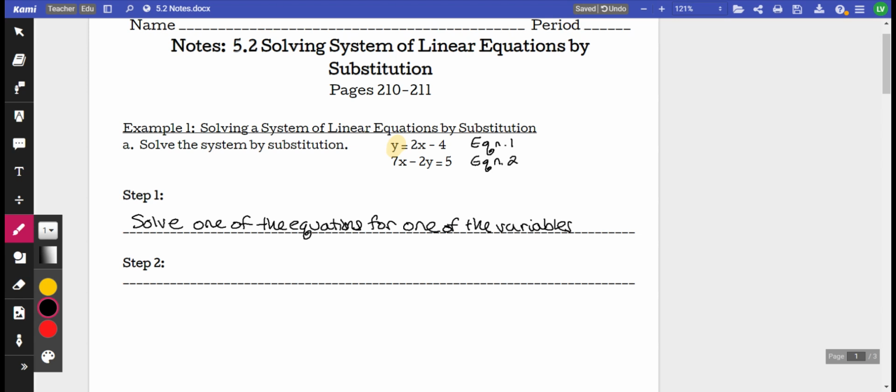Then we're going to talk about step number 2. In step 2, we are going to substitute the expression from step 1 into the other equation, and solve for the other variable.